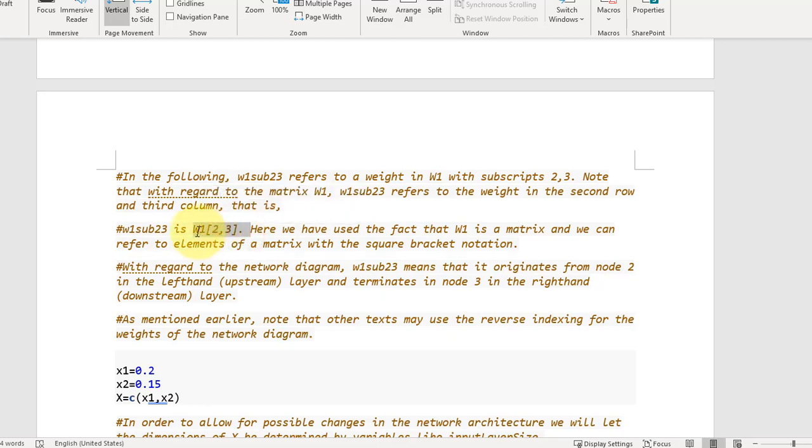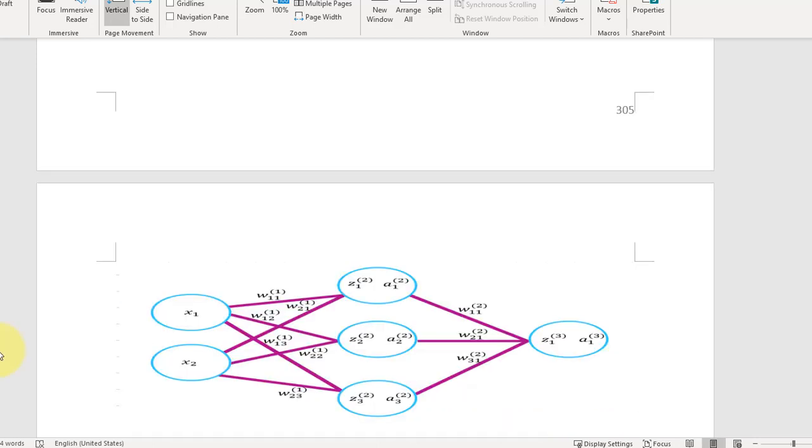Now, here's something that I forgot to mention in previous videos, but as mentioned earlier in the text, note that other texts may use the reverse indexing for the weights of the network diagram. So if you start to read some other text, just don't get confused. They may, instead of calling this one W23, call it W32.